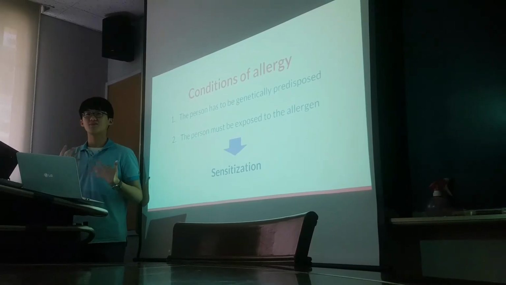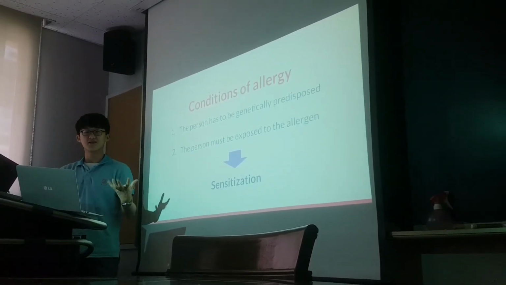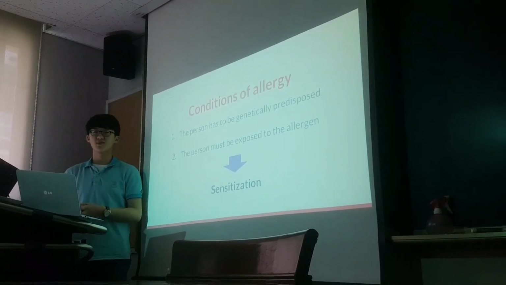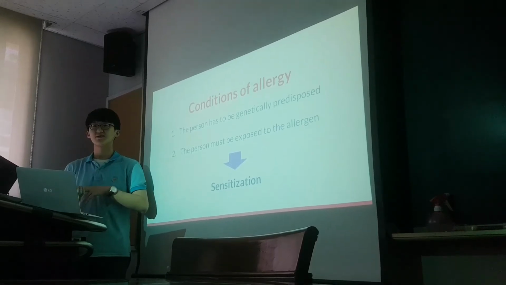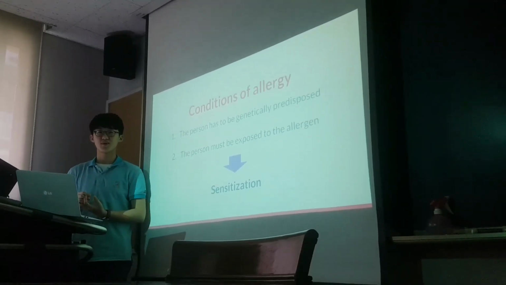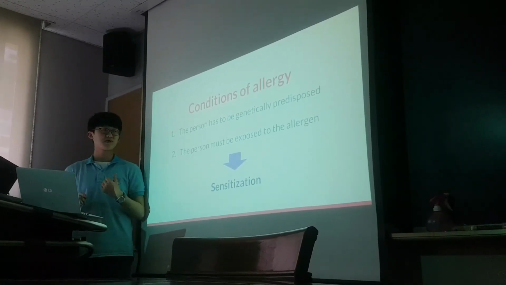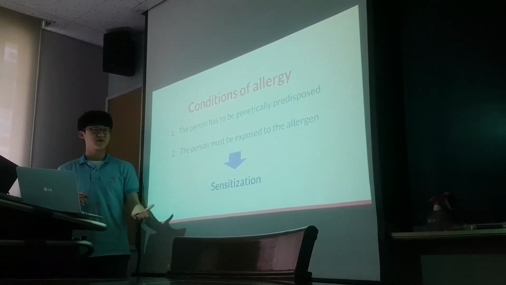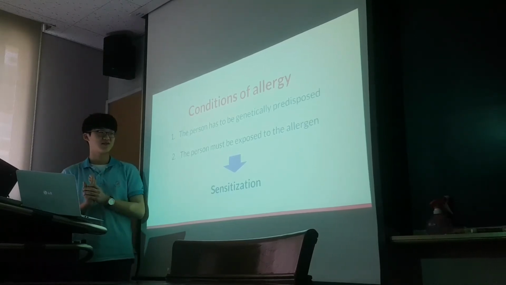So the person has to have a certain DNA that makes the T helper cells overreact to certain antigens. And the second condition is the person has to be exposed to certain allergens. This process is called sensitization, because we first have to sense the allergens before we react to the antigens.